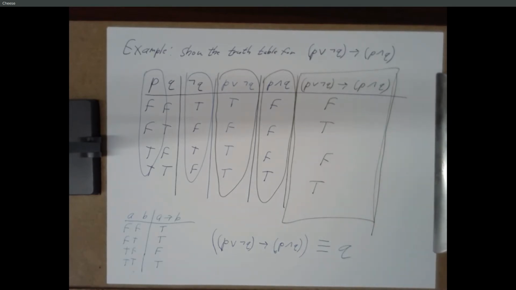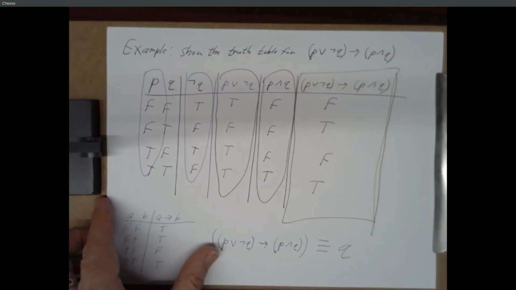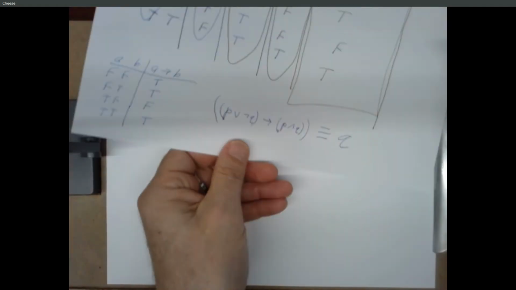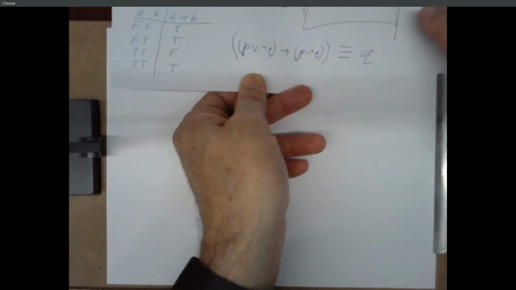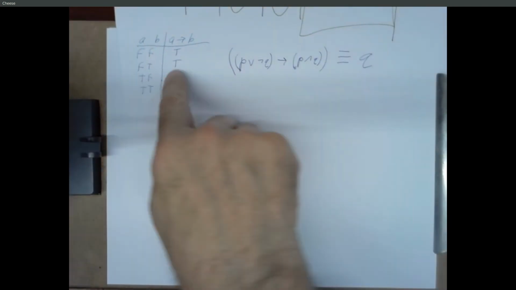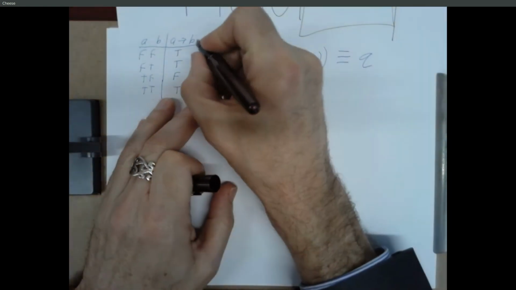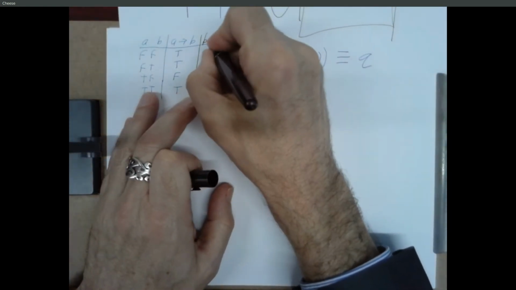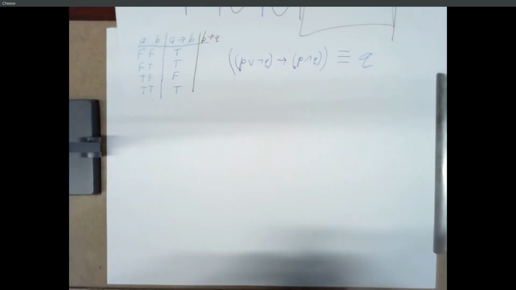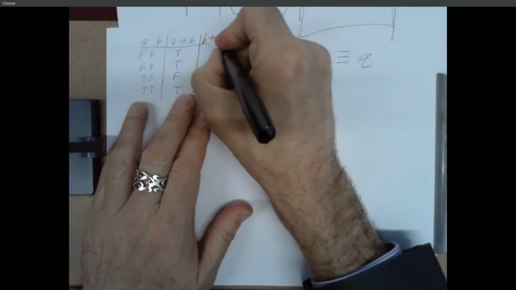What would a biconditional truth table look like? Biconditional. We've got our cheat sheet here for A implies B. So B implies A. Let me just do it on a clean sheet.